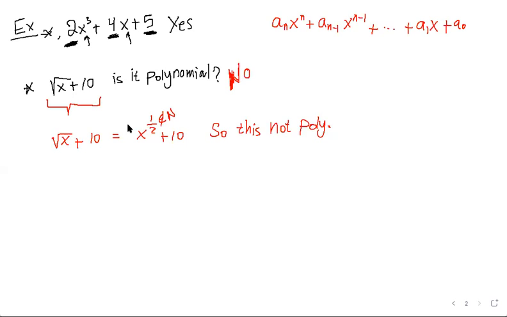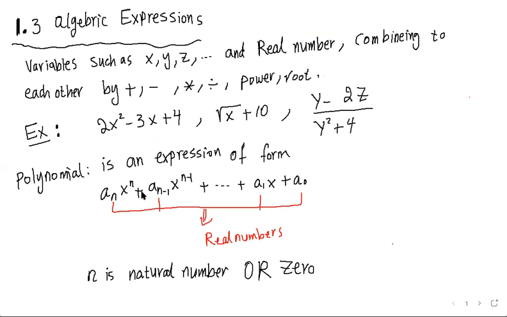Okay. Last time, can you repeat? I said a polynomial must look like this: a_n x^n plus a_(n-1) x^(n-1) up to a_1 x plus a_0. I said a_0, a_1, a_n, all of them are real numbers. X, all of them are the variable.